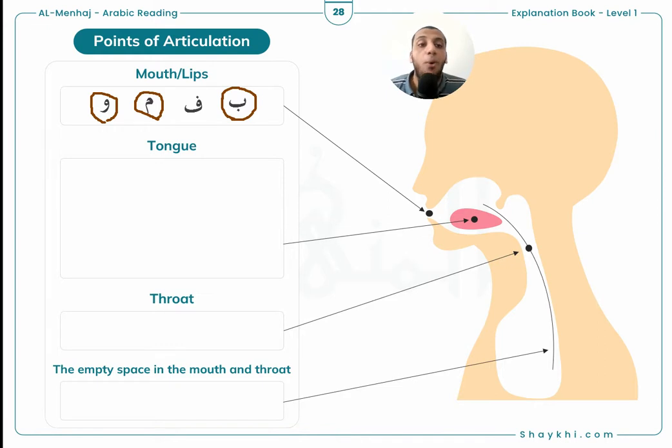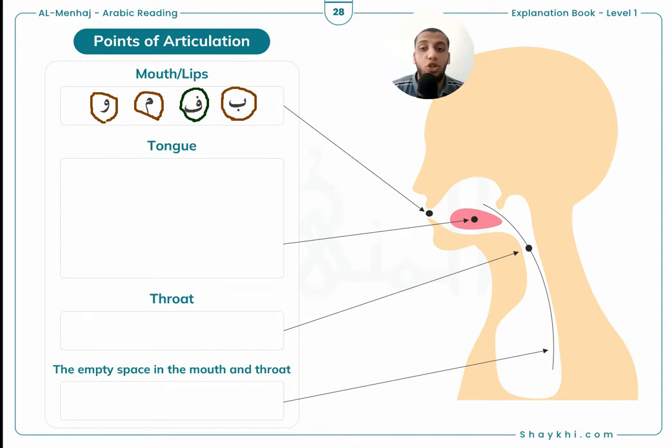However, when we pronounce the letter fa, we use just the lower lip. So we have 3 letters that use both lips, and 1 letter that uses just the lower lip. Let's discover in detail how we pronounce each letter.